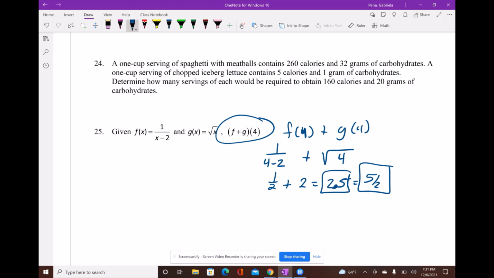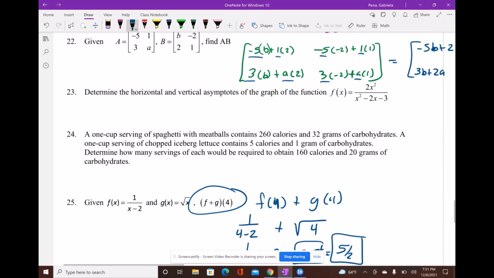Number 23. Determine the horizontal and vertical asymptotes. Horizontal is the easiest one. Do you remember what you look for horizontal asymptotes? Your exponents. If your exponents are the same, my answer was LC over LC. Do you remember what LC stood for? Leading coefficient.